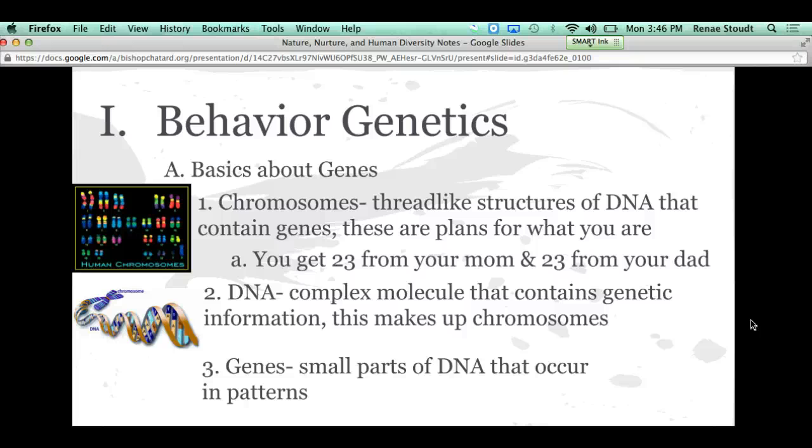One egg, one sperm, they split in two. Whereas with fraternal twins, the mother releases two eggs at the same time, the father inseminates both eggs, and you have two babies from two eggs.